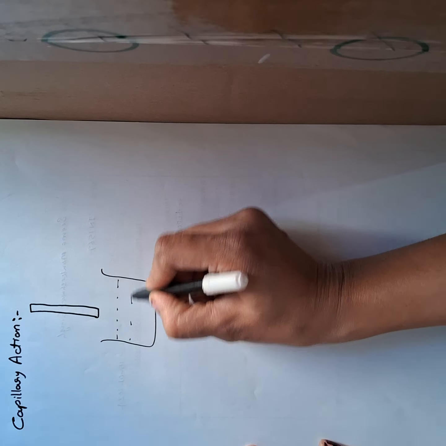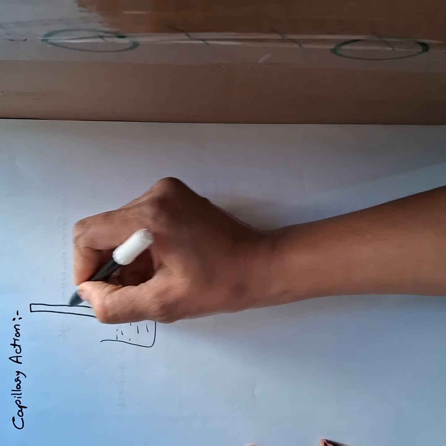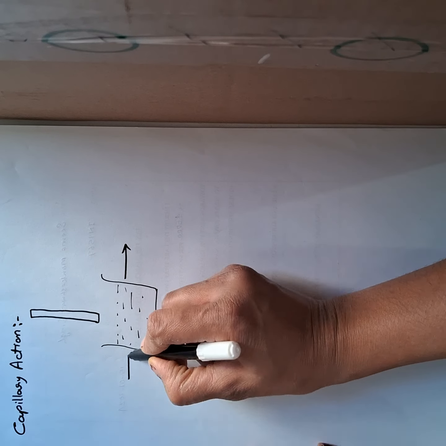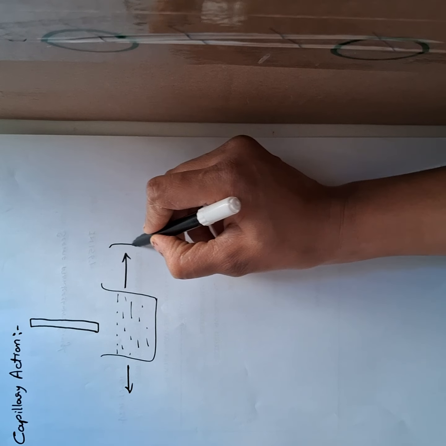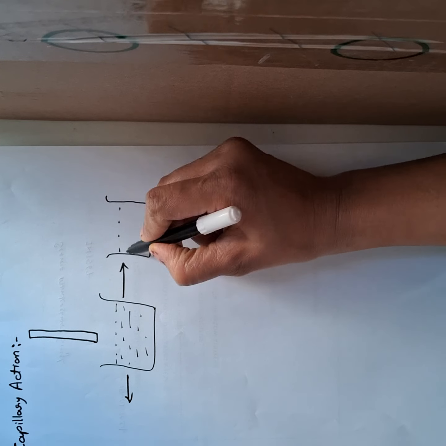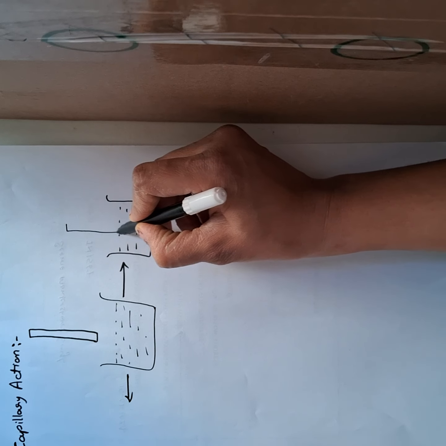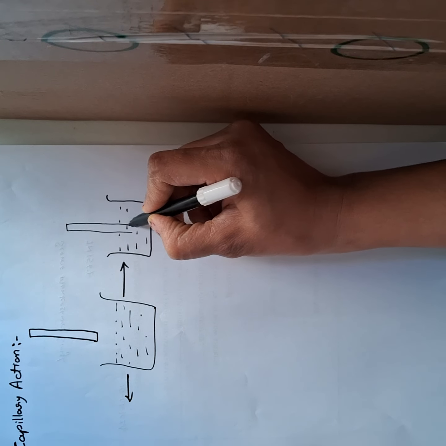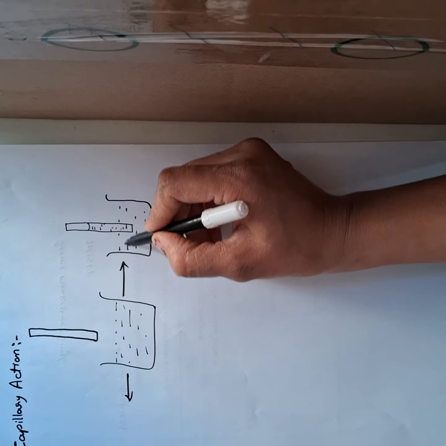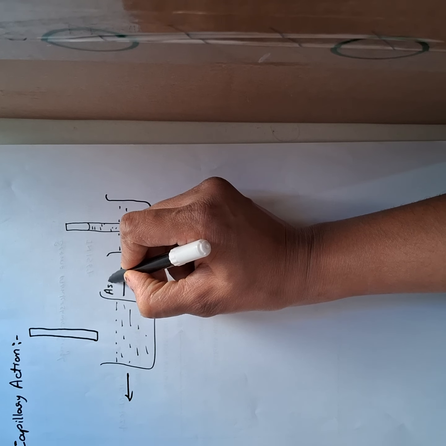what happens? See, suppose we take a capillary of small size and we dip this capillary inside this container. Two things can happen, right? Let's see what. Here we can see the liquid has risen in the capillary, so it is ascent.